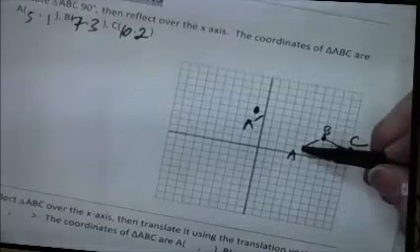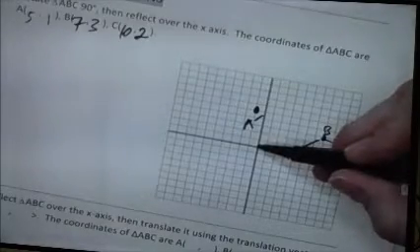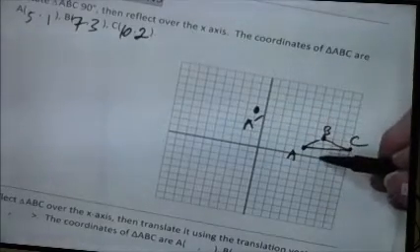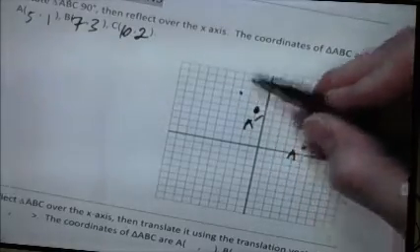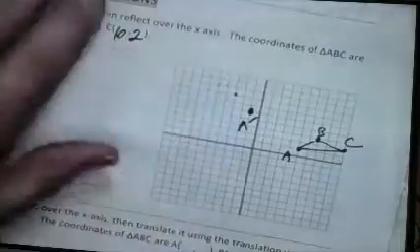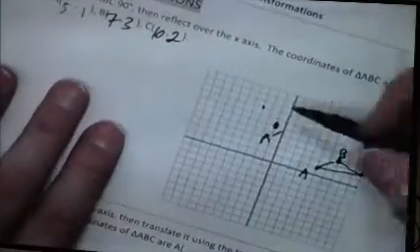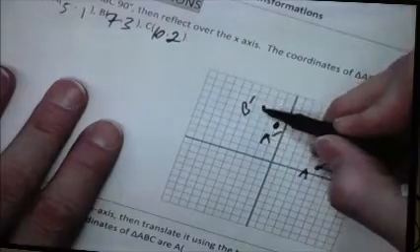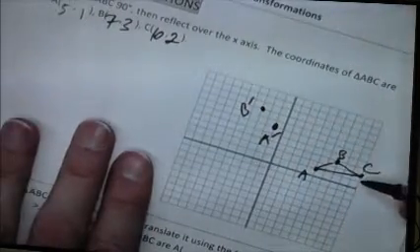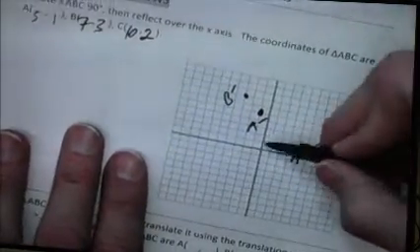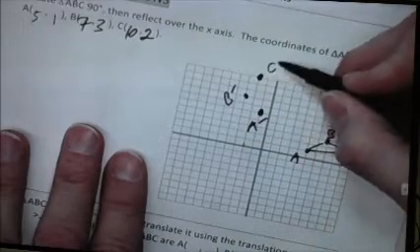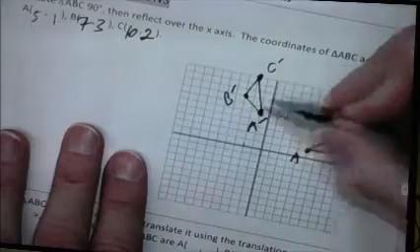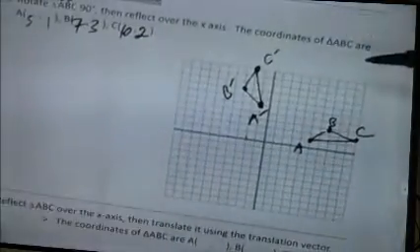And then B, it looks like, if you think about 1 and 5, so 3 and 7, it looks like it should be 3 and 7. That should be where B prime is. And when I go like this, yep, that looks right. B is 7, so that's B prime. And C was down 2 and over 10, so I can do over 2 and up 10. So yours should look like that.